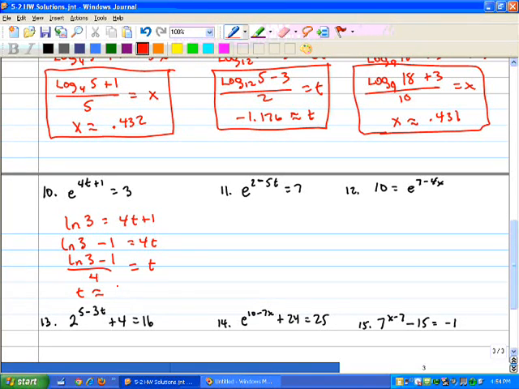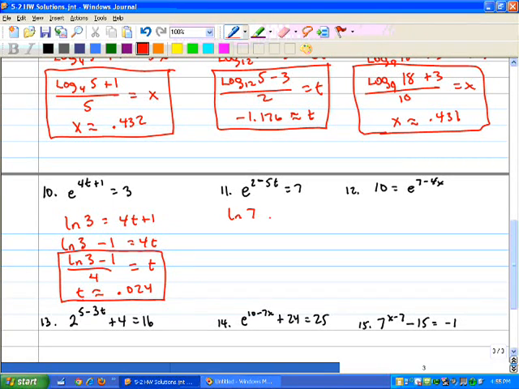When we enter this in the calculator, be sure that you do ln 3, then close parentheses, minus 1, enter, then divide that by 4, hit enter, and our approximation is 0.024 or 0.025, depending on whether you round or chop.